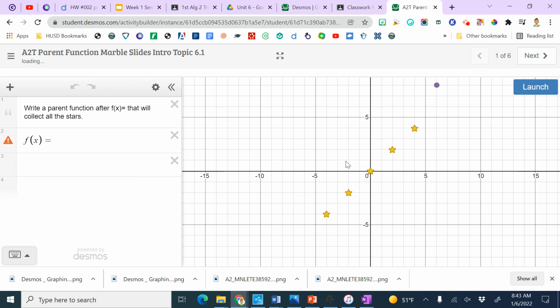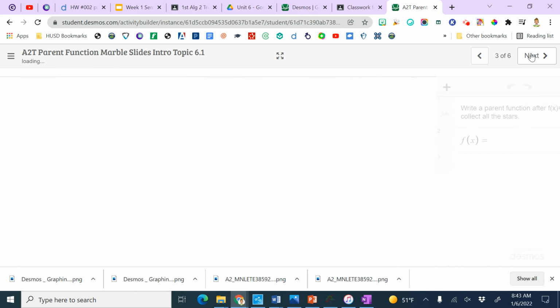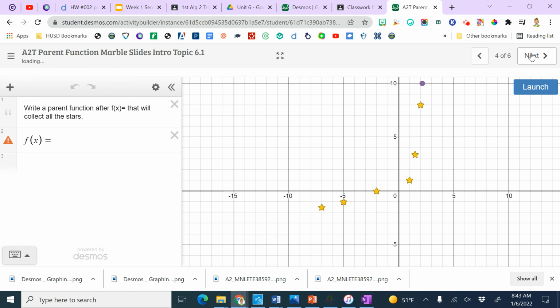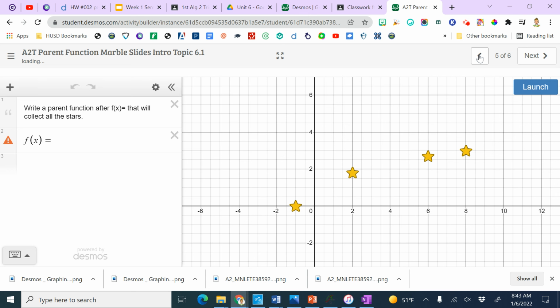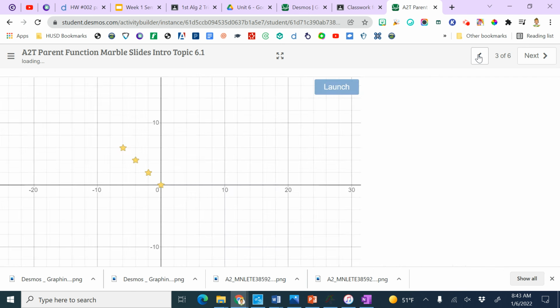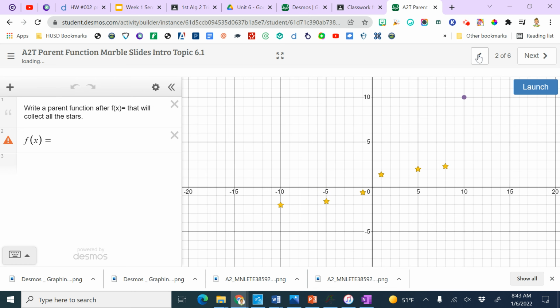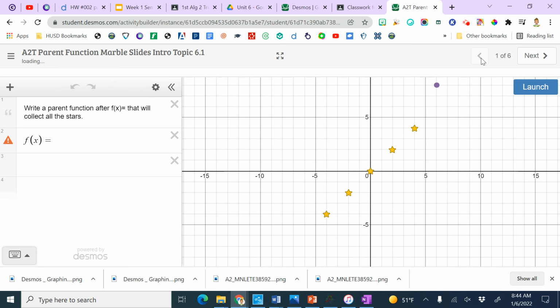Okay. So the idea here is there's 6 problems in here, and I think we had like 5 or 6, maybe 7 parent functions yesterday. And these are literally just the parent functions. So you need to determine which parent function is going to collect all the stars. Okay. And that's where the homework for cubics is going to be something like this. So what parent function does this first one look like here?